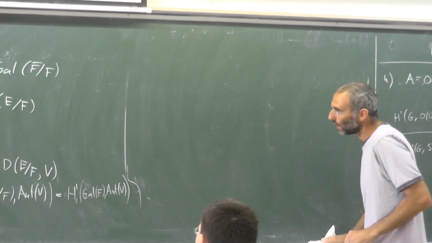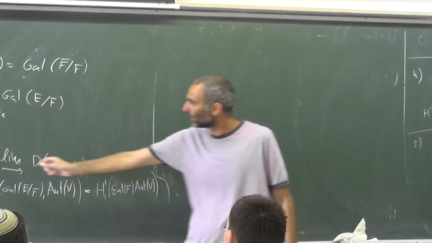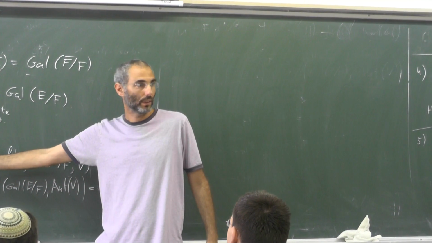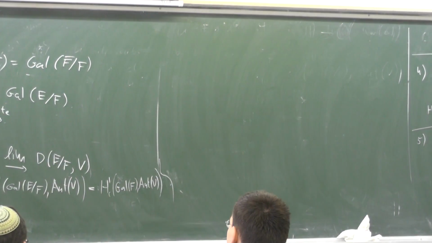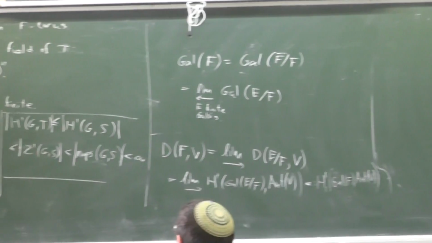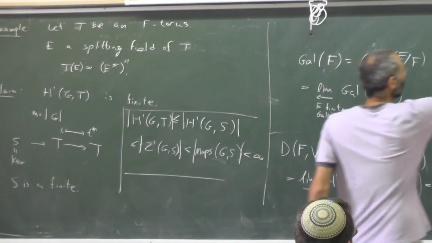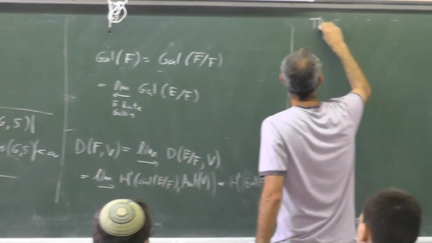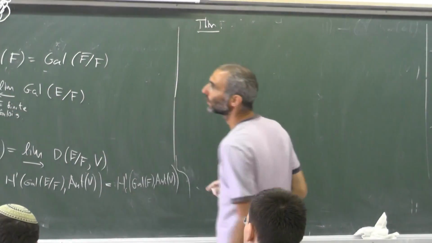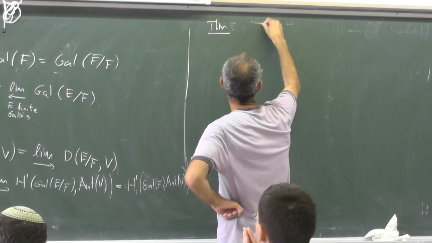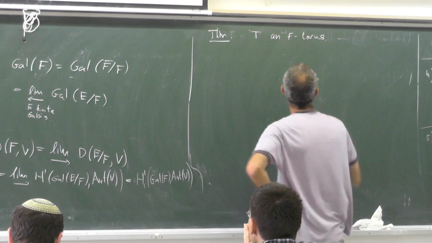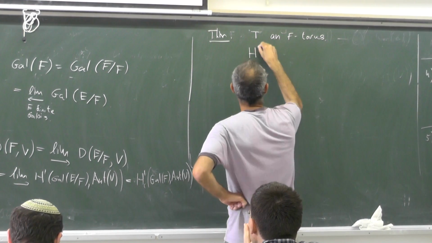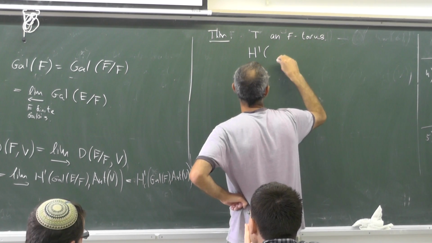Many times, I would be happy to understand things without specifying the field extension E, just arbitrary descents. For example, if we go back to this example, the torus T, then I claim H1 of T is finite.